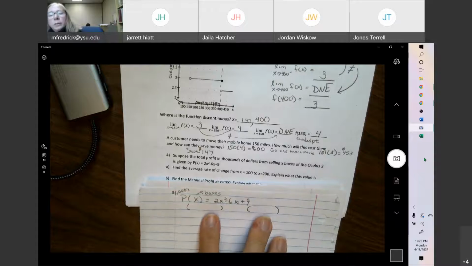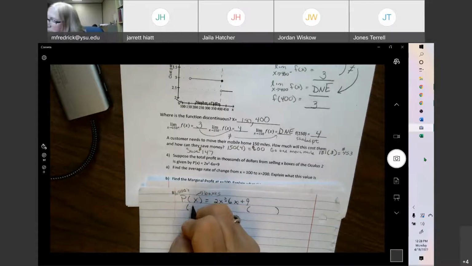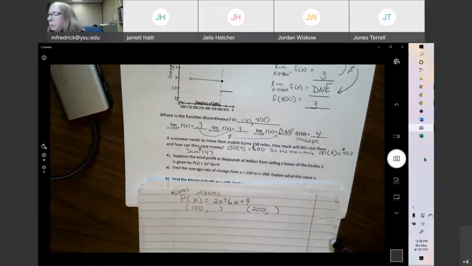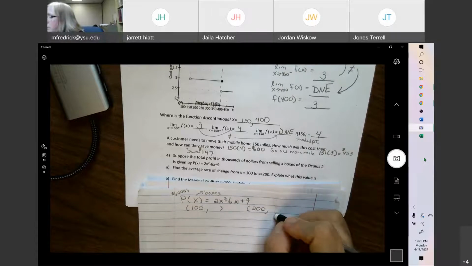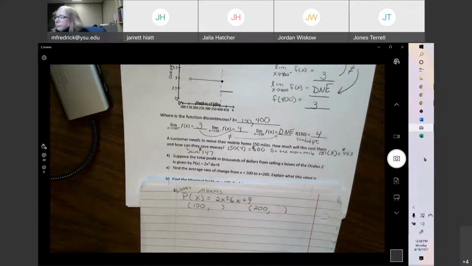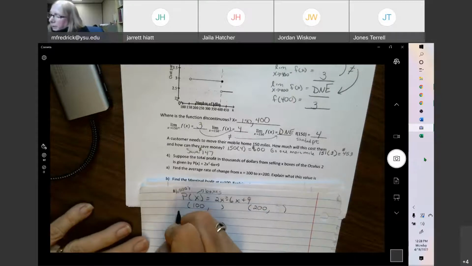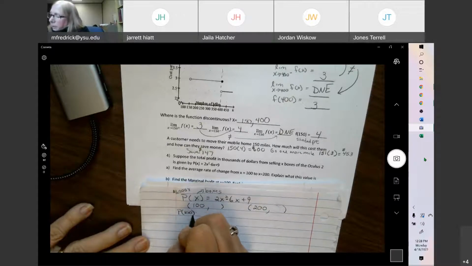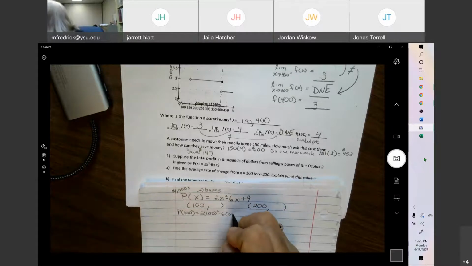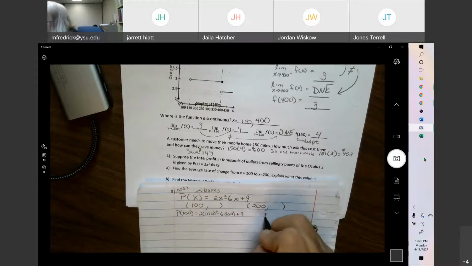So we need 2 points, and we're going from 100 to 200. So plugging in 100 would be 2 times 100 squared minus 6 times 100 plus 9. And this would be 200.